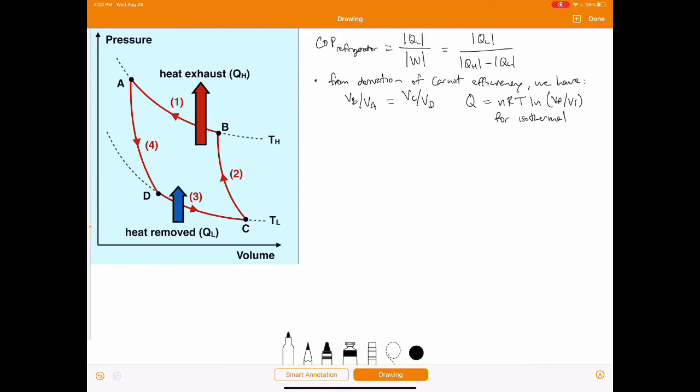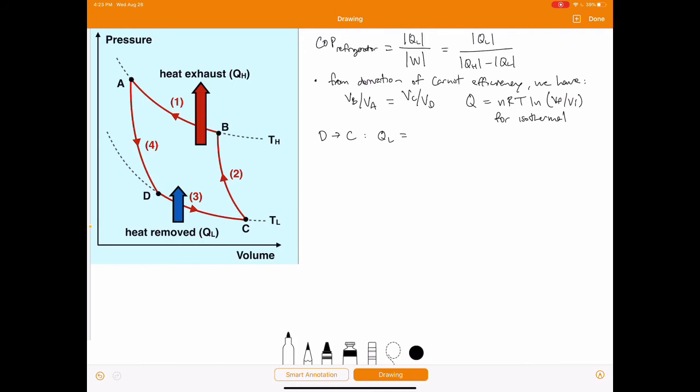So now what we'll do is use the formula for Q, and we'll apply it to the process D to C. The gas expands isothermally from D to C, and that's when we have QL. That's when the heat is transferred at the low temperature.